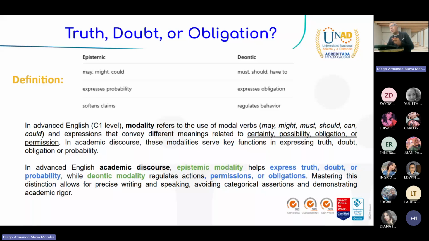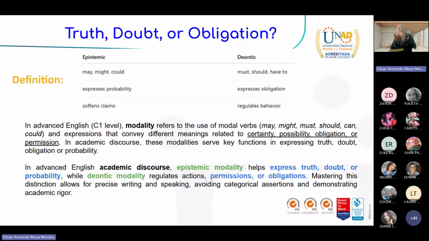And the other one, which is the deontic one, helps you to express the permission or obligation in this case. So as I show you here in this chart, we can divide these modalities into two different categories, let's say.